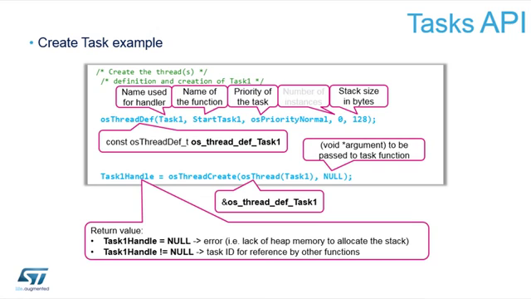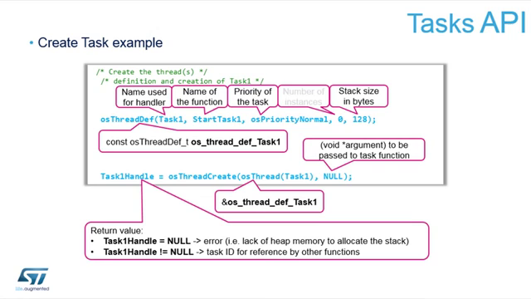I'd like to point out that this is a macro that creates a structure as a local variable with this name. So it adds some prefix and suffix and uses the task1 as the principal name of this structure. Further, when you want to create the task and instantiate it in the heap and put it into the scheduler, you call a function OS_thread_create.